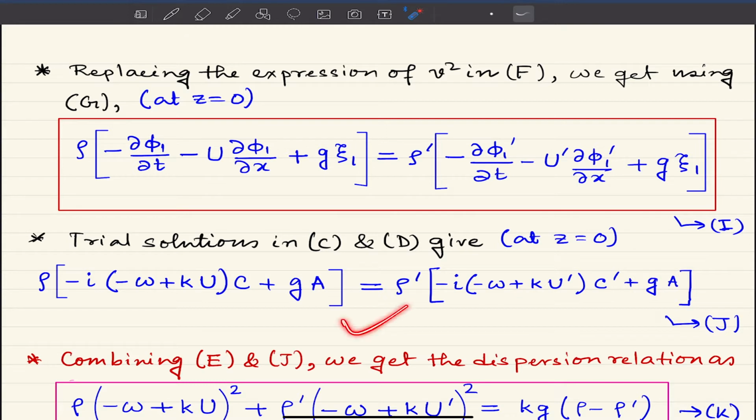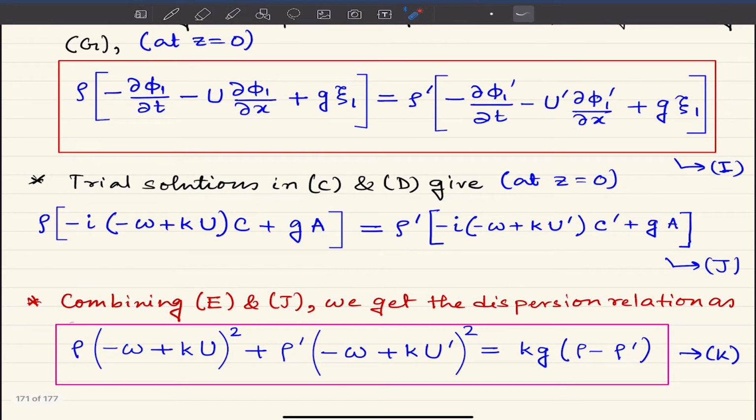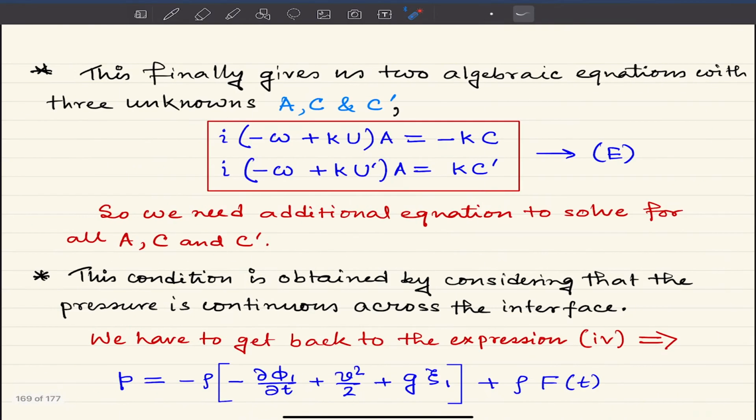So this is the pressure balance condition. So finally our purpose is served. We have obtained another algebraic relation between C, A and C prime. So now we have three equations: this one J and the other two are here in capital E.